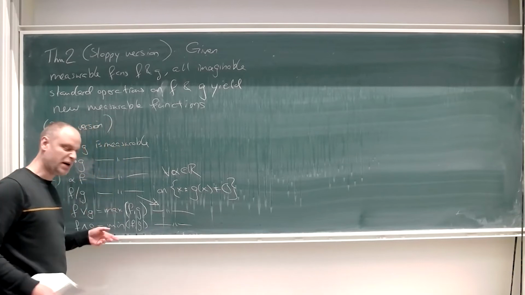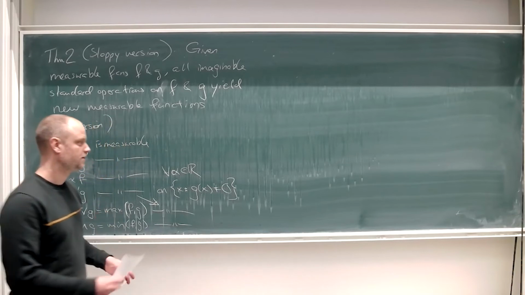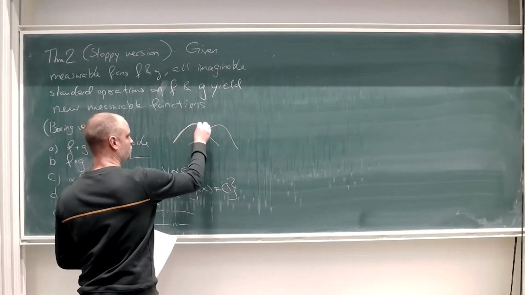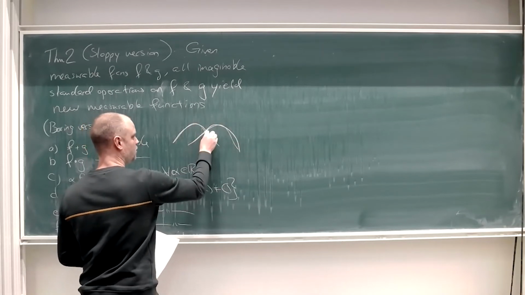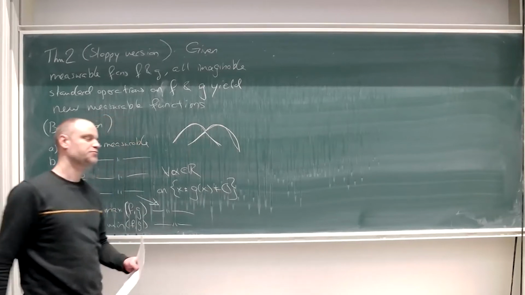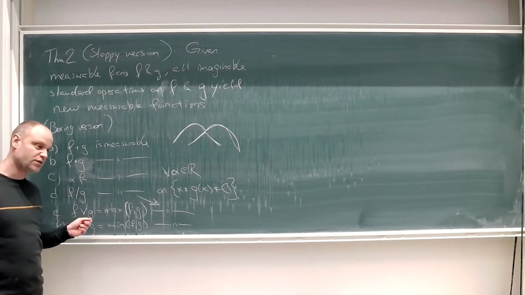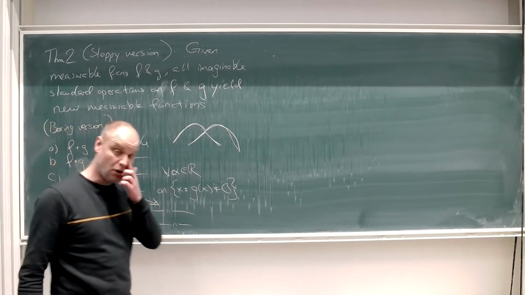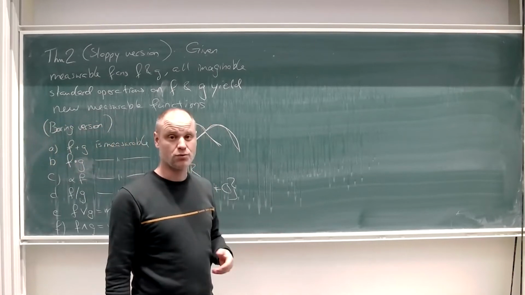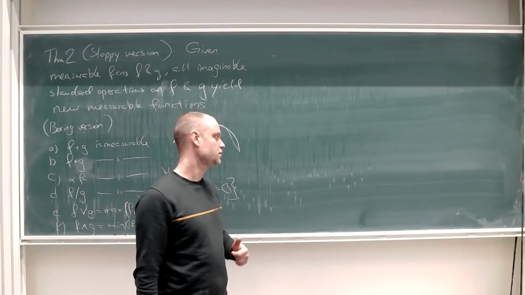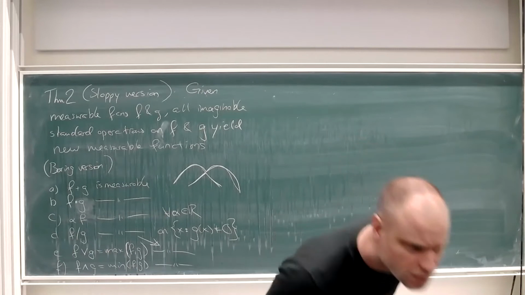So by minimum and maximum here, I mean point-wise, right? So if you have two functions, one function is this, the other one is this, the maximum is going to be this, and the minimum is going to be this, right? So in particular here, if you take the maximum of f and 0, you get the positive part of f. So that's always, well, the non-negative part. That's always measurable.